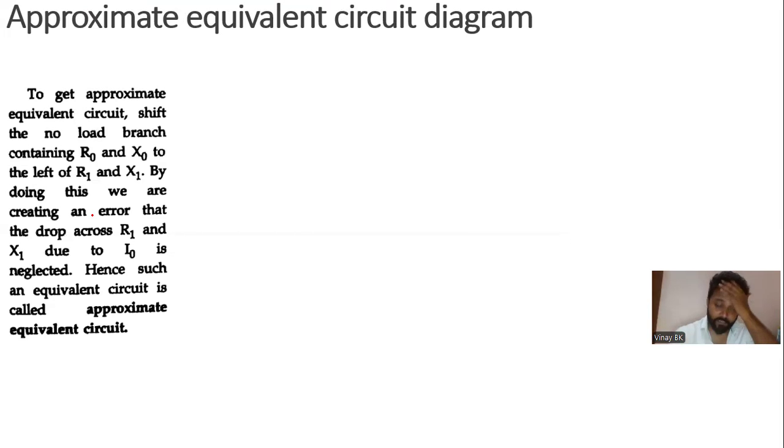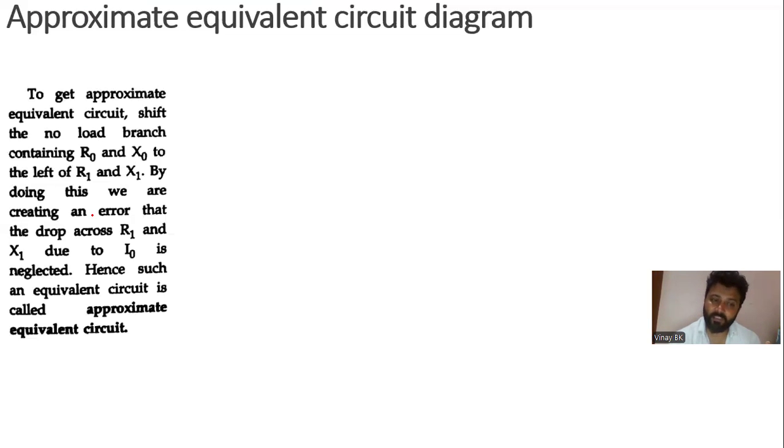We can see here the definition. To get the approximate equivalent circuit, shift the no load branch containing R0 and X0 to the left of R1 and X1. By doing this, we are creating an error that the drop across R1 and X1 produced due to I0 is neglected.